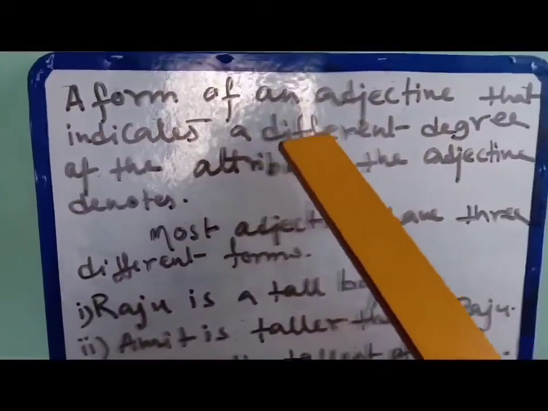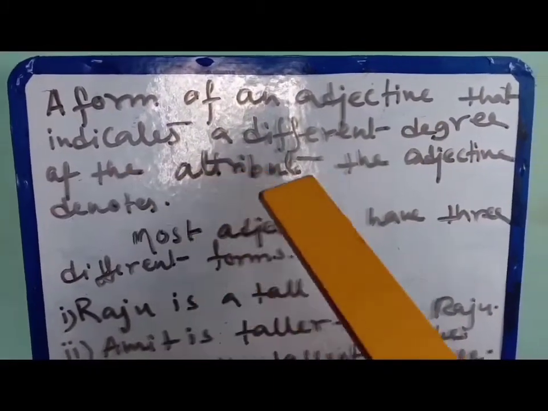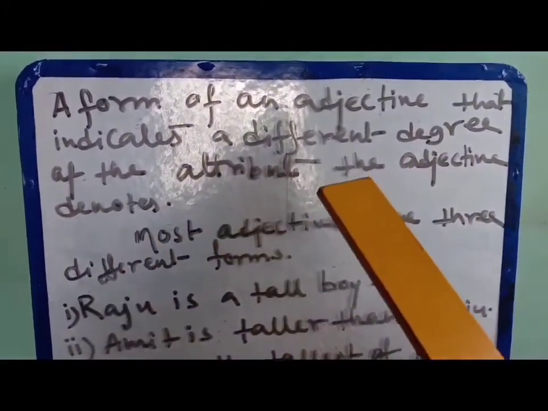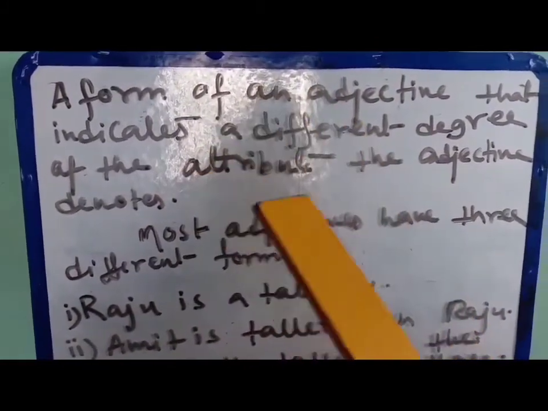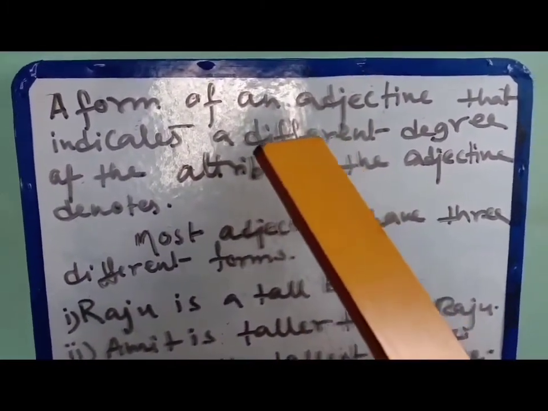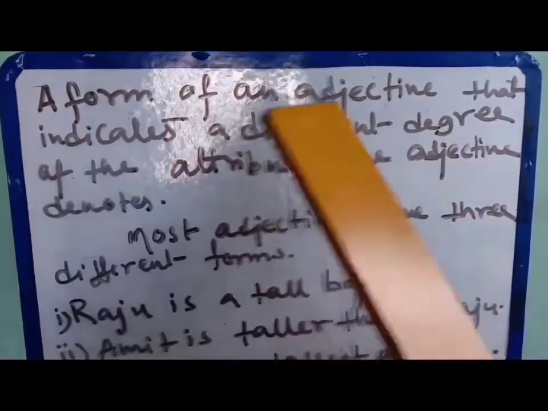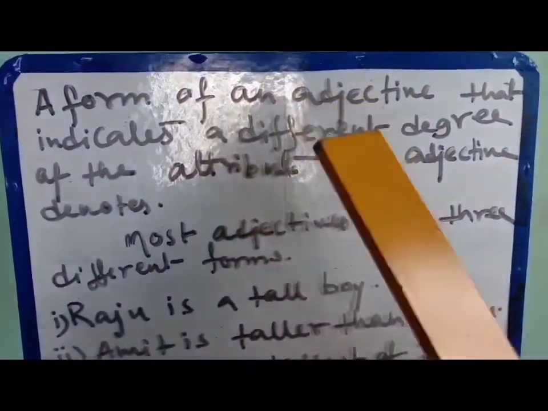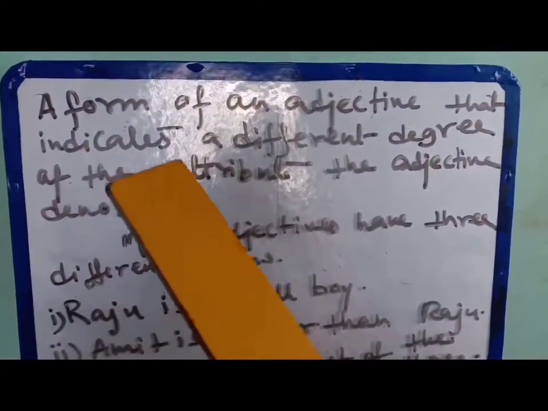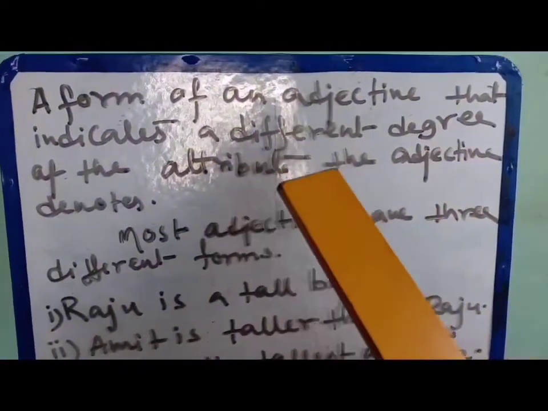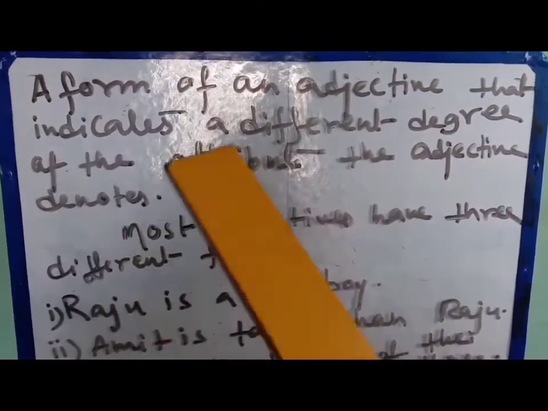A form of an adjective that indicates a different degree of the attribute the adjective denotes. So what is the meaning of this? It means a form of an adjective that shows a different degree of the attribute.